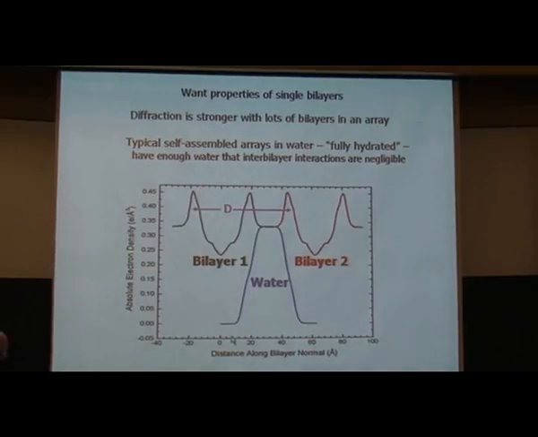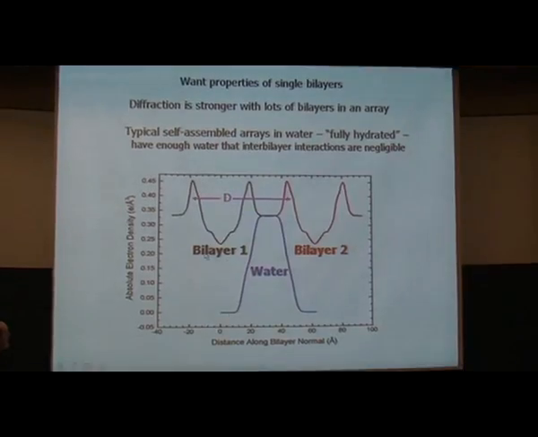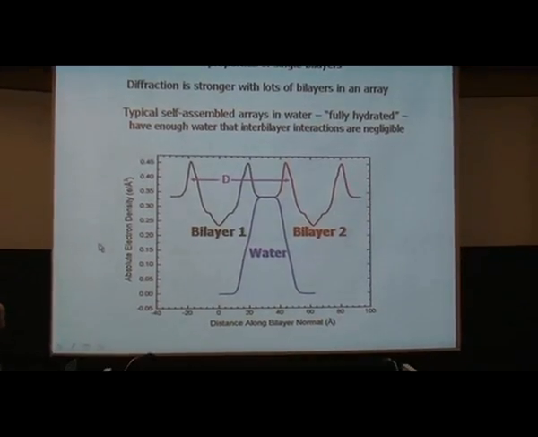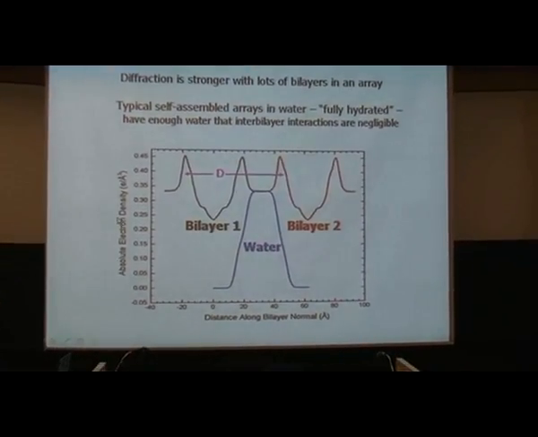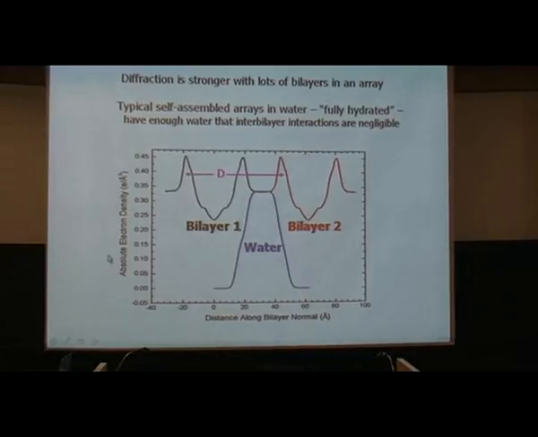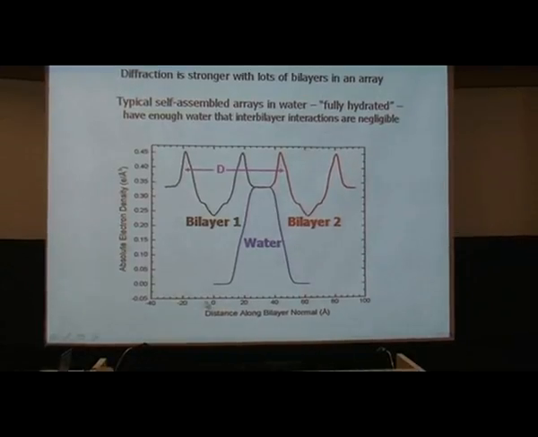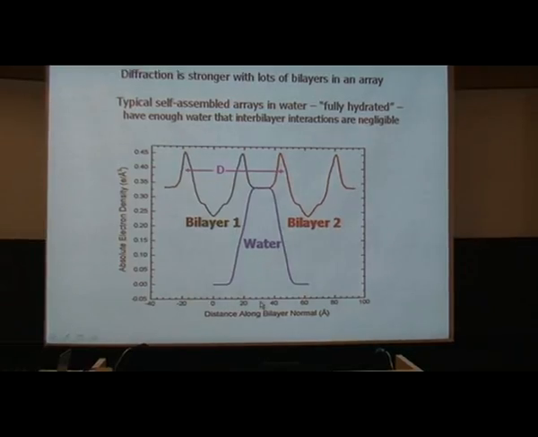Electron density is plotted in this direction, and this is the distance along the normal to the bilayer. The electron density has peaks here, and then there's another bilayer over here in a different color, and it has peaks, and there's a repeat, the D spacing.